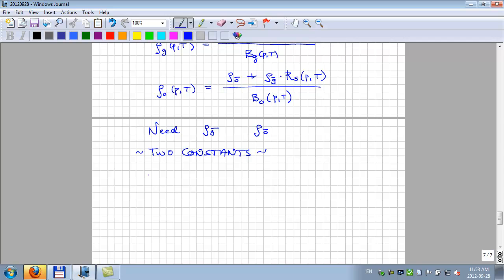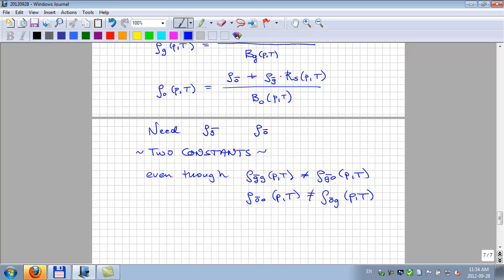Even though in reality, this is a function of pressure and temperature. It's not equal to the surface gas from the oil, which is also a function of pressure and temperature. And likewise, the surface oil density varies with pressure and temperature, and it's different for each phase.